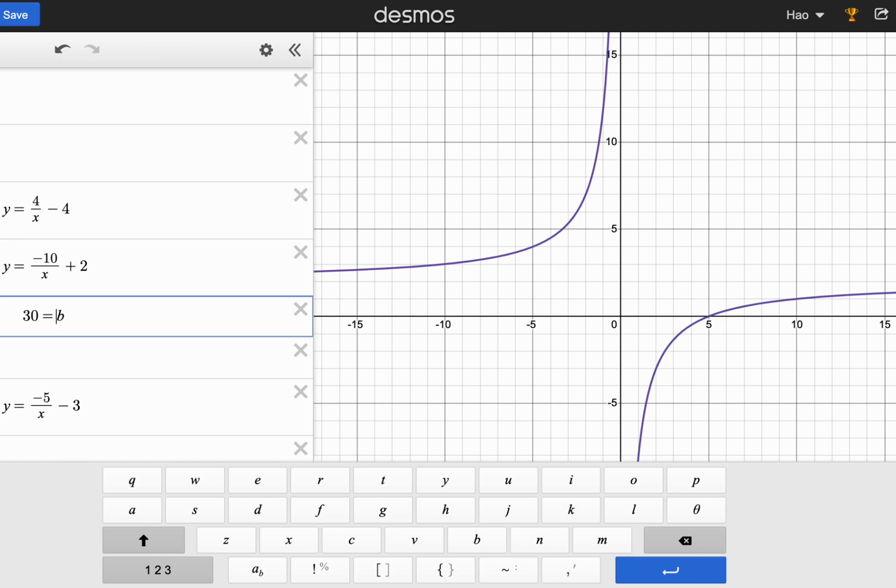So b is 2. Then we use this one: b is 2, and this is 10, because 2 multiplied by 5 is 10, and therefore it will become 0. So this is -10.